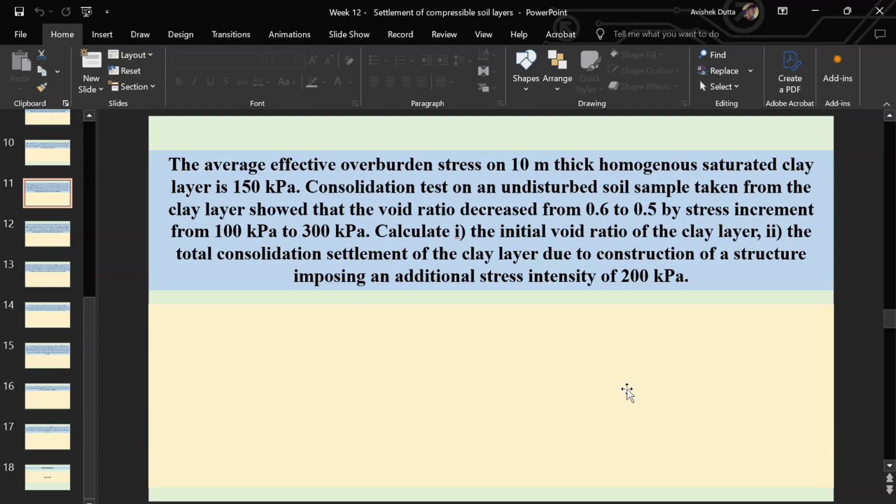Consolidation test on an undisturbed soil sample taken from the clay layer showed that the void ratio decreased from 0.6 to 0.5 by stress increment from 100 kilopascal to 300 kilopascal. Calculate number 1, the initial void ratio of the clay layer. Number 2, the total consolidation settlement of the clay layer due to construction of a structure imposing an additional stress intensity of 200 kilopascal.